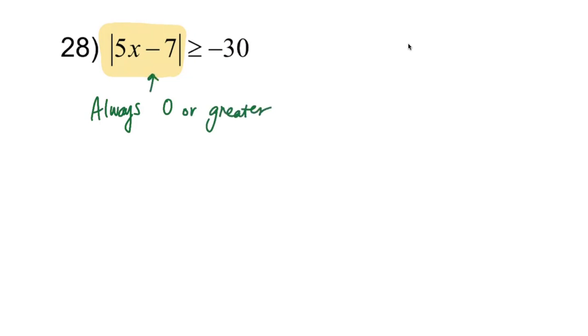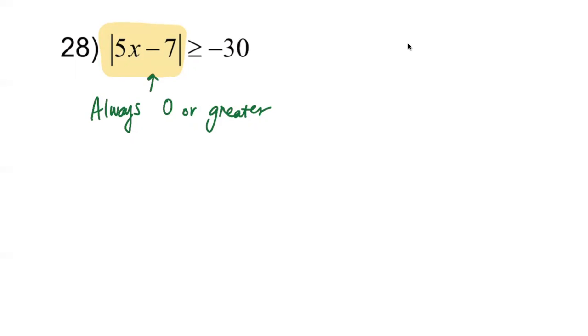So for this whole thing, not 5x minus 7, listen very carefully. I'm not saying 5x minus 7. I'm saying the whole thing, the absolute value of anything, it's going to be 0 or greater.